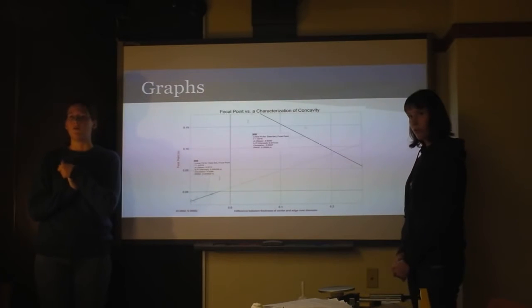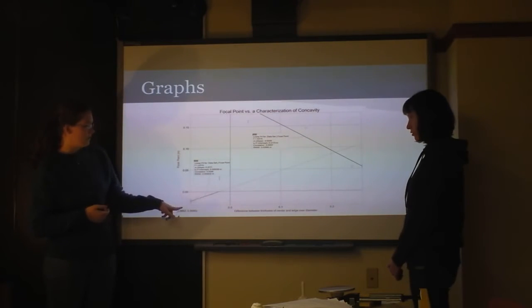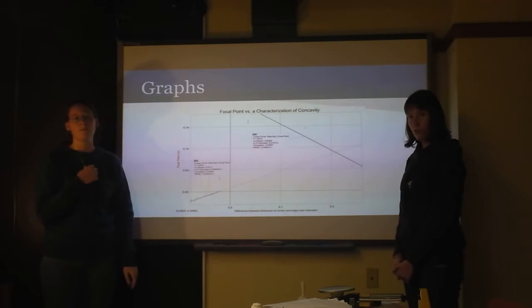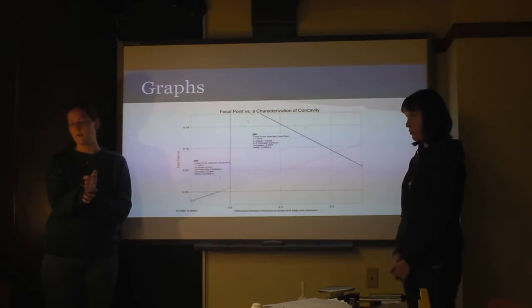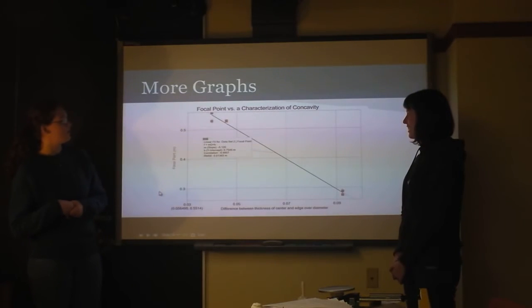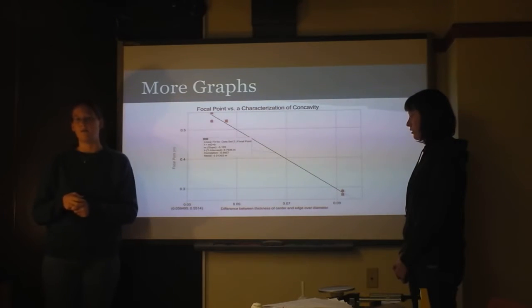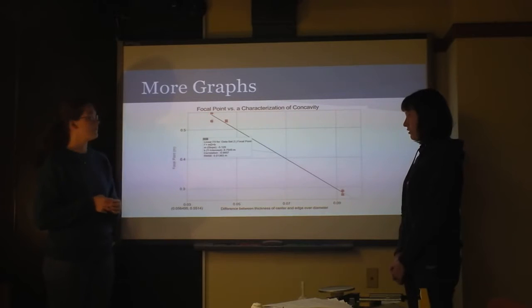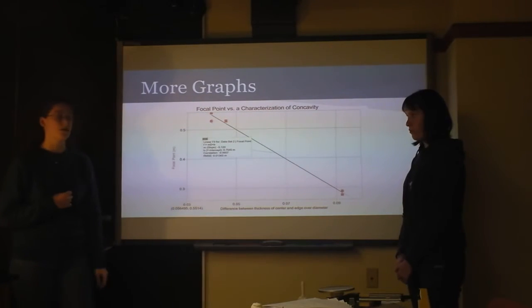And so you write the focal point of those with a negative number, which is why this is a positive slope, because it's getting closer to the lens, which is less negative. And so this is for the positive meniscus lenses, and it shows the same trend as the double concave lenses.